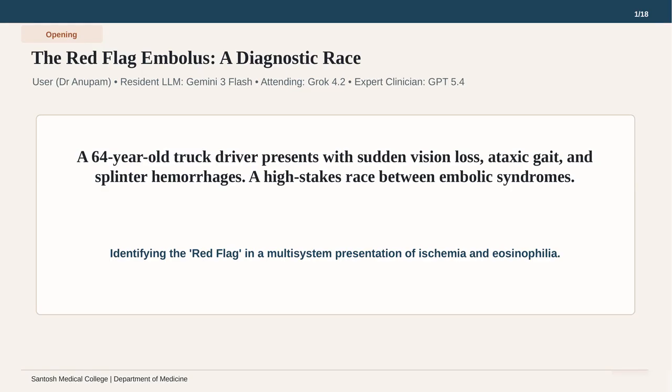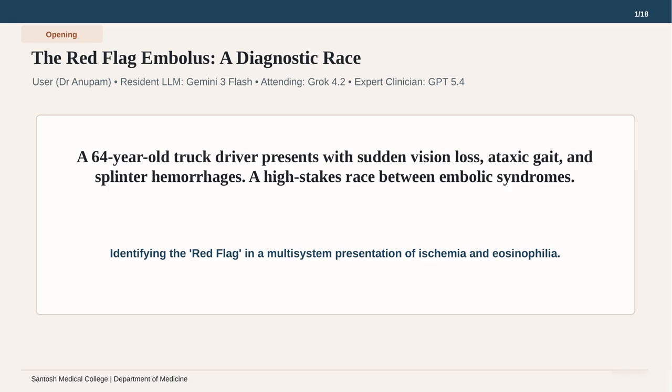Notice the subtitle pointing out the key challenge: identifying the red flag in a multi-system presentation involving both ischemia and eosinophilia. We will navigate this complex clinical scenario using a simulated multi-agent approach, featuring insights from a resident, an attending, and an expert large language model. All these discussions will be moderated by a human in the loop who provides case inputs and the necessary guardrails.